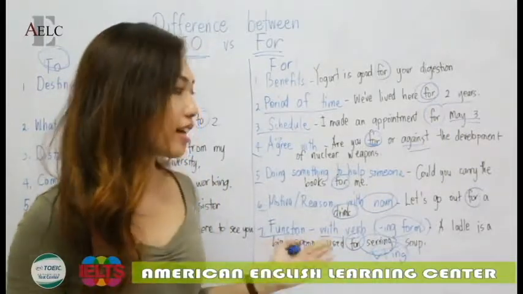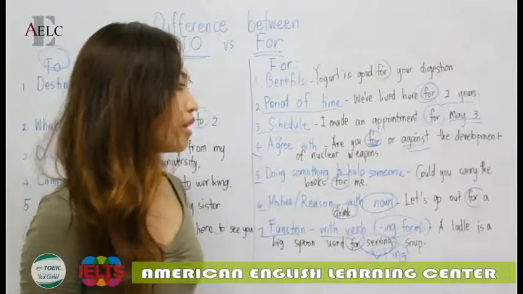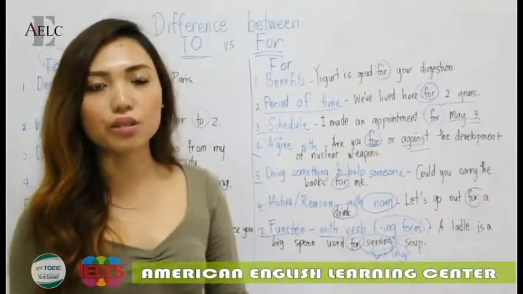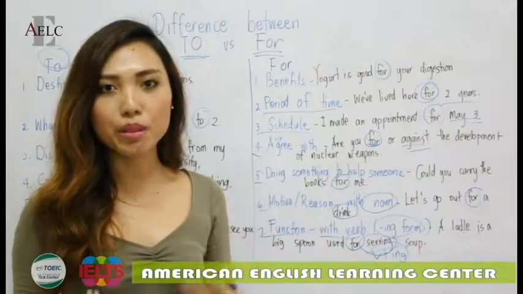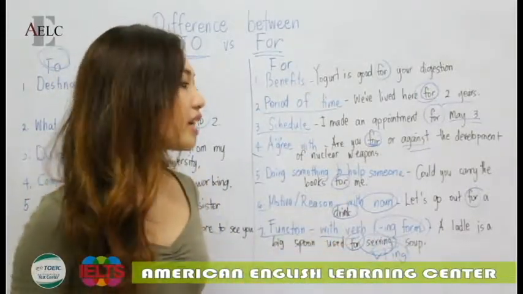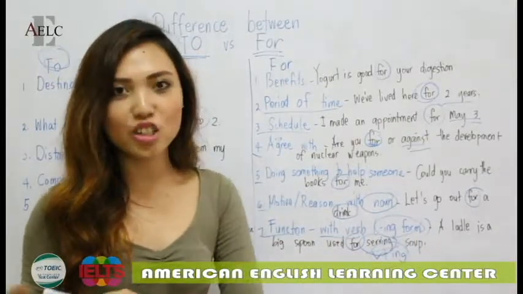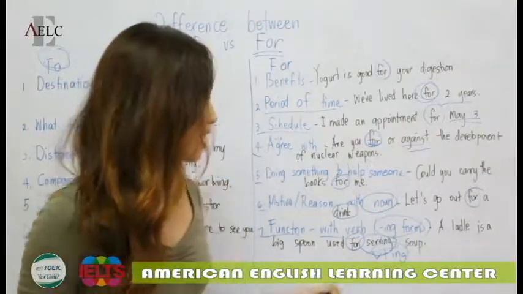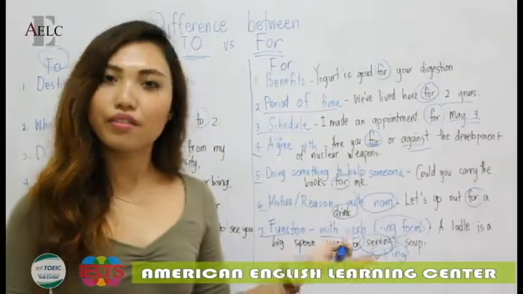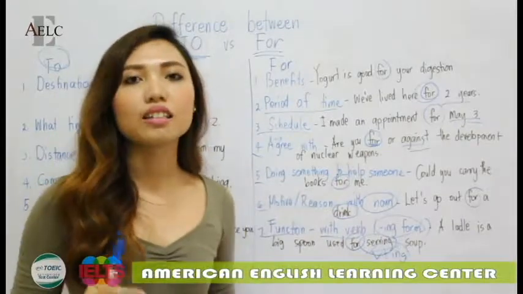It's a function, meaning the usage. So what is the function of a ladle? It is a big spoon that is used for serving soup. Serve is your verb, ending with ing. That is the function, the usage of for.